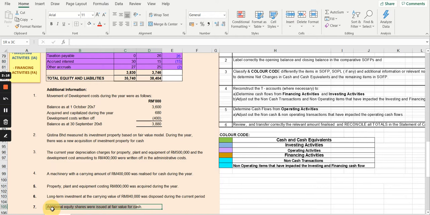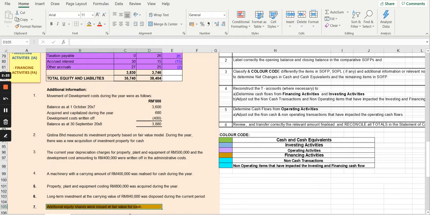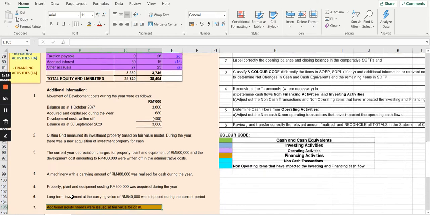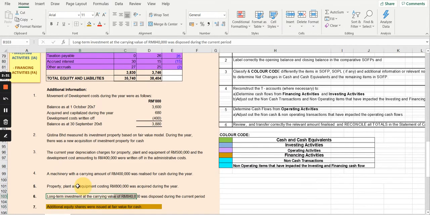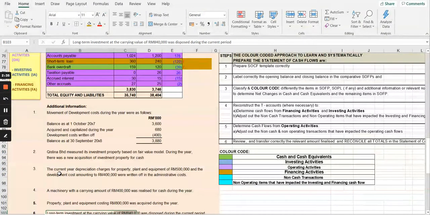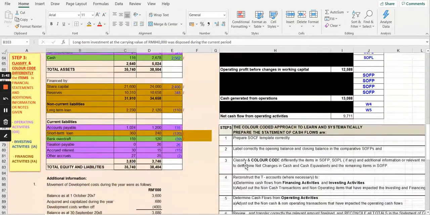I mentioned that earlier when we were looking at the statement of changes in equity. So issuance were for cash, so that one is under the financing activities. So the rest of the information here were all related to your investing activities, which is our focus in a short while, right? Okay, then let's go and look at step 4.